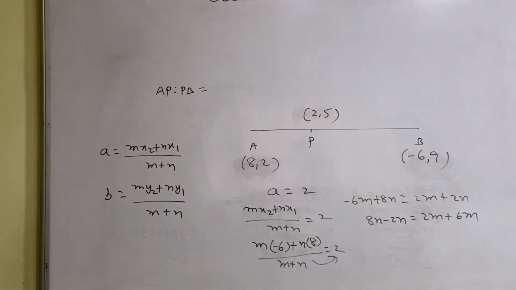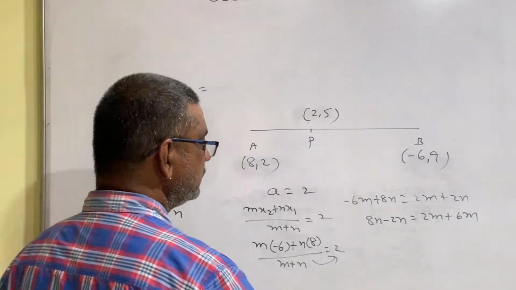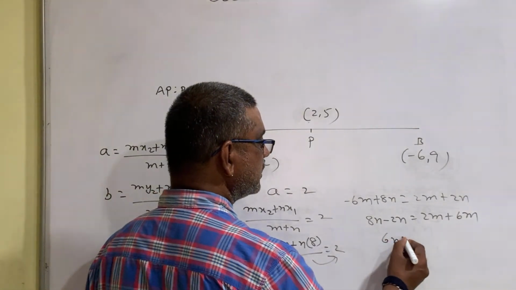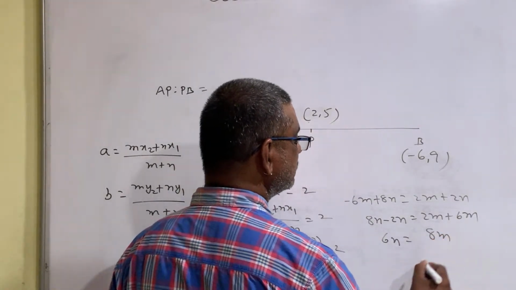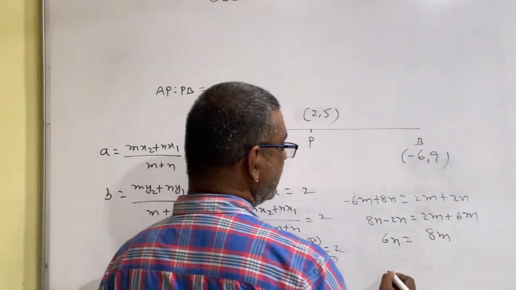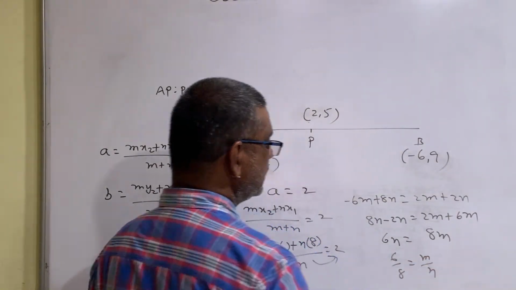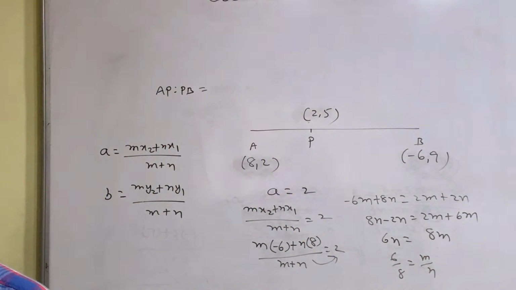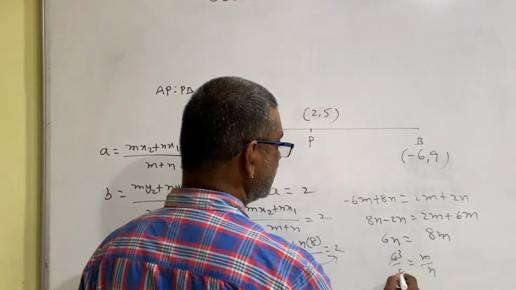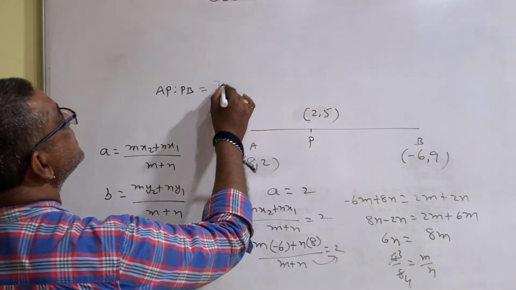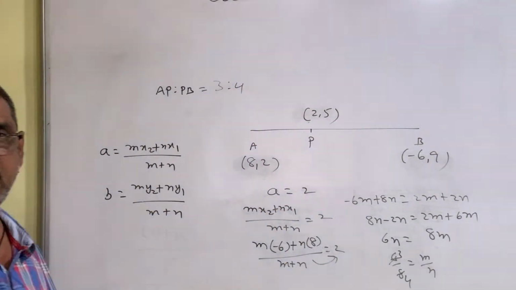Bringing n to LHS and sending m to RHS, this is 6n and this is 8m. Now m by n is 6 by 8. That is 3 by 4. So the ratio is 3 by 4.